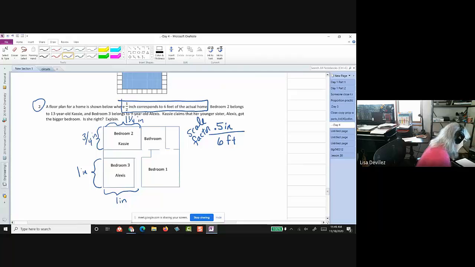She's looking at a claim about which bedroom is bigger. We're going to look at the dimensions on there, so you'll just set up a ratio. And this will be like what you're going to do on today's assignment.